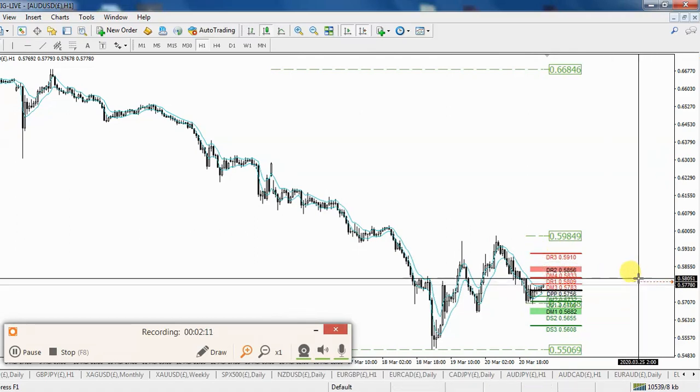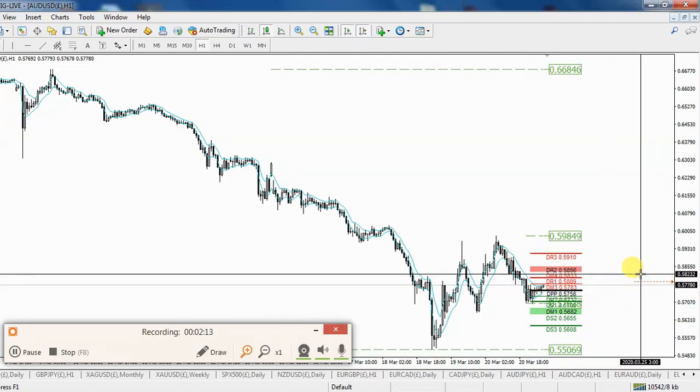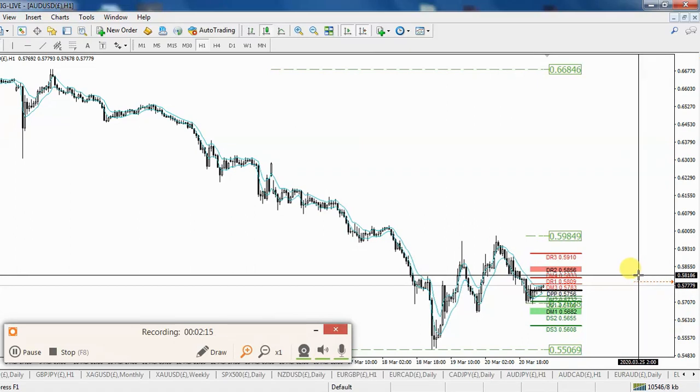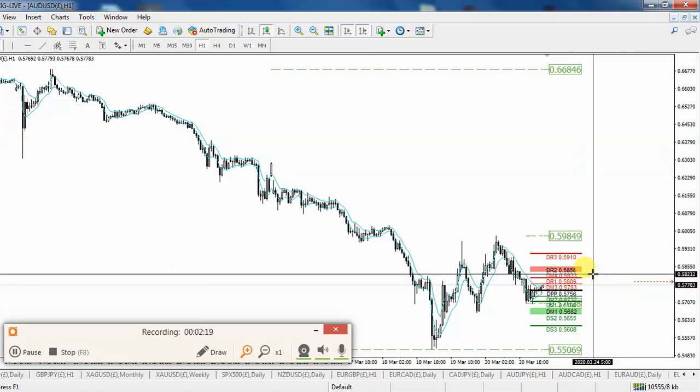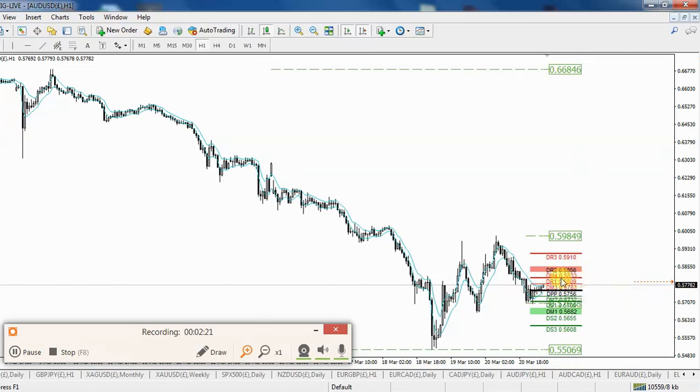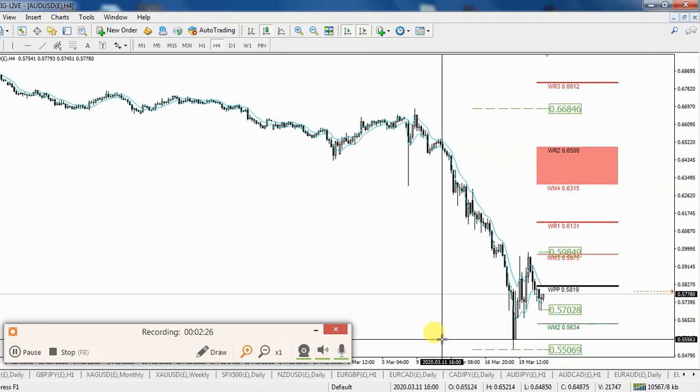And for the stop loss, we'll probably be looking at around 25 pip stops, which is going to go just above this daily R1. And as for the targets, we'll be looking for this 4-hourly low, which is at 55.60 zone. So it gives you a good risk reward ratio on that.